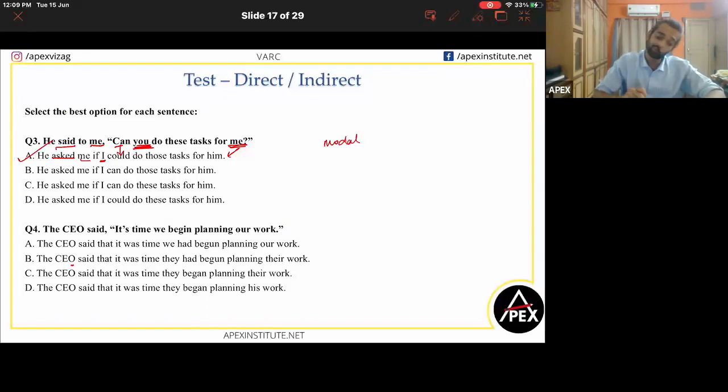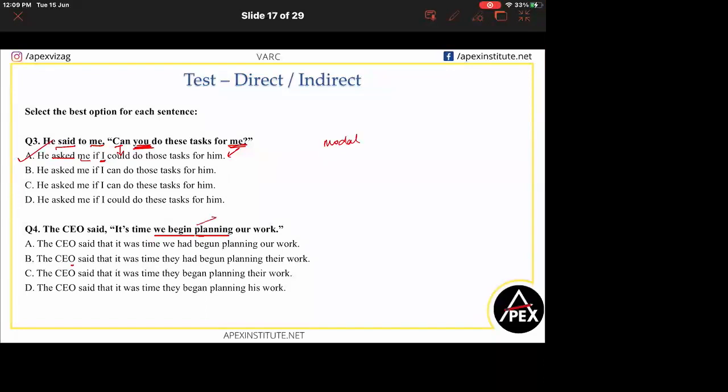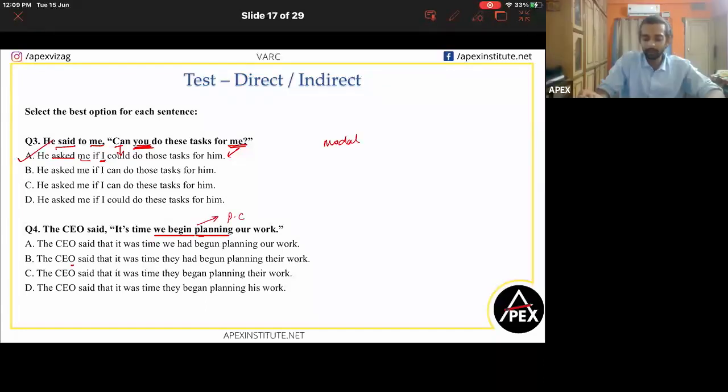See, we begin planning our work: this is present continuous, so it will go into past continuous. Why are you going to had? Had is perfect, no? So B will not be the right answer. The answer will be C. All of you clear?